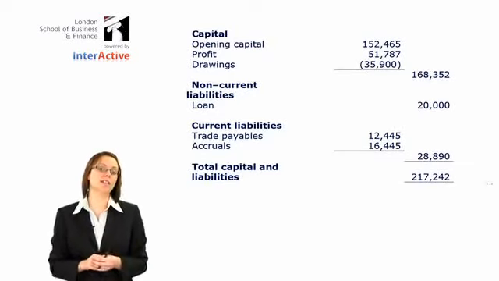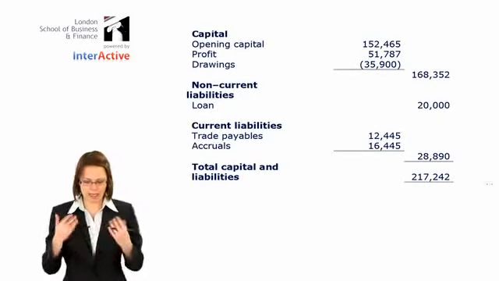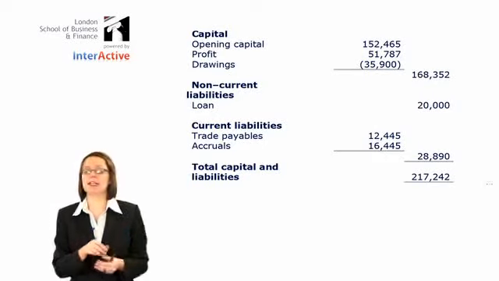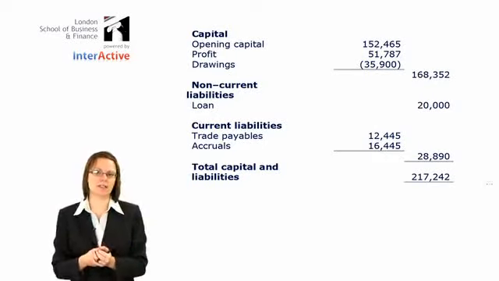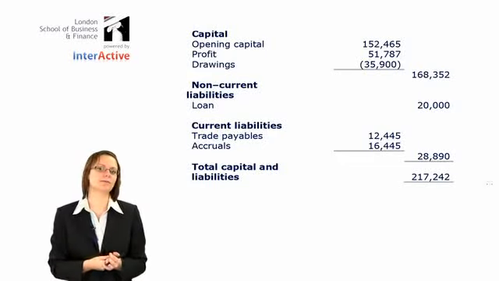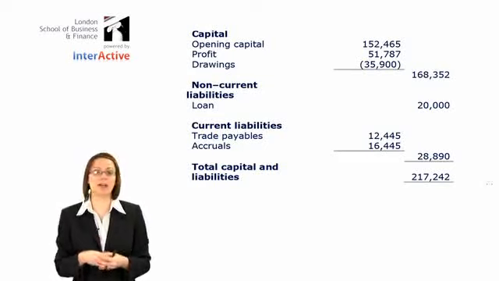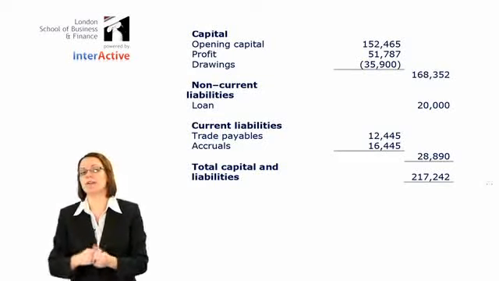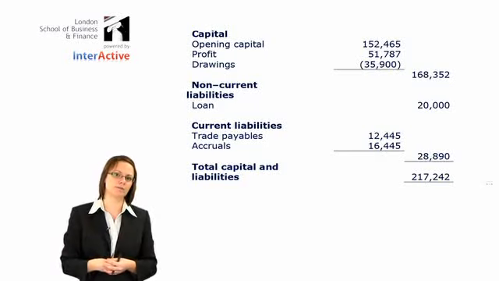The second half of our statement of financial position, we're going to start off with the heading capital. Now, capital, as I've already mentioned, is the proprietor's funds, amounts invested in the business by its owner.